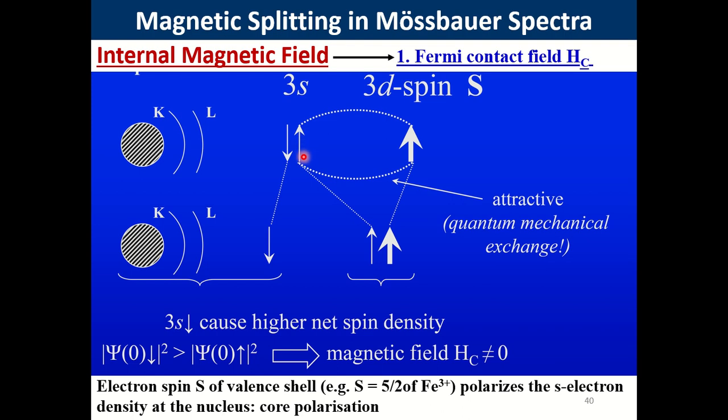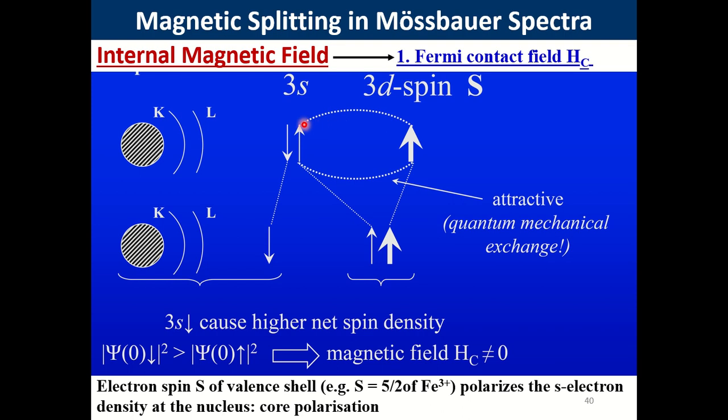Now see this valence shell 3d5 configuration, because it is stabilized by quantum mechanical spin exchange, and the 3s and 3d energies are very close to each other. So the up-spin 3s electron also interacts with the 3d electrons through exchange interaction, in the same shell where we have 3d electrons with parallel spins.